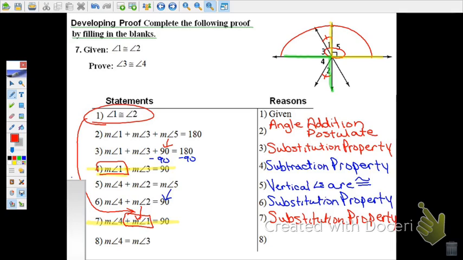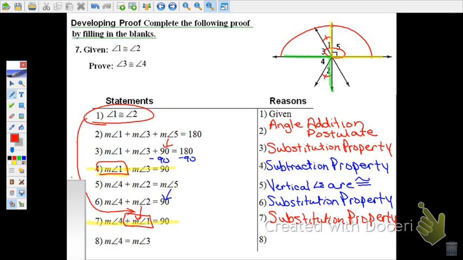If 1 and 3 equal 90, we could put in any numbers. If angle 1 was 30, angle 3 would be 60. If angle 1 is 30, angle 4 would be 60. 3 and 4 would be equal to each other.